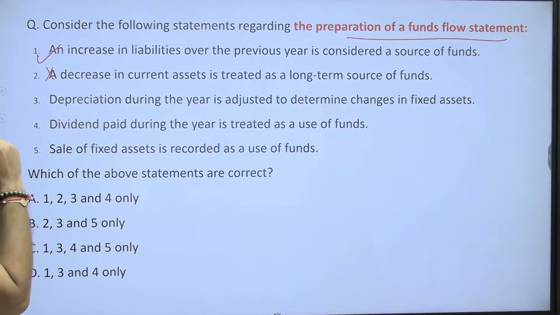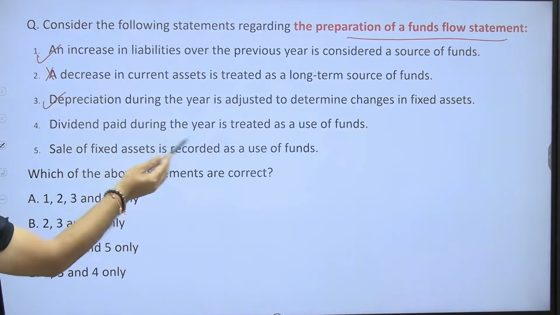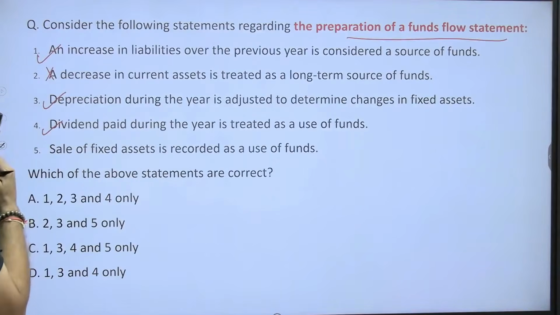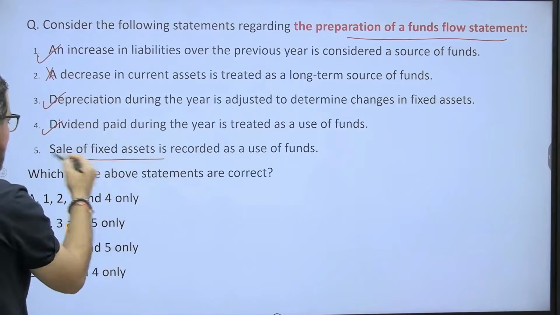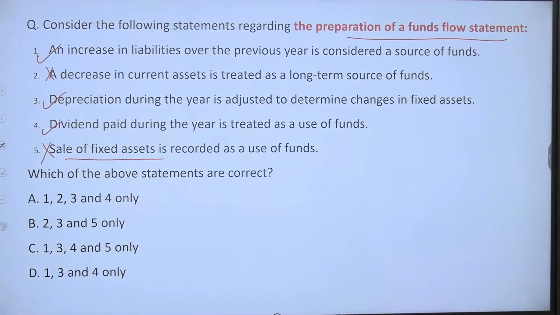Depreciation during the year is adjusted to determine the change in fixed assets. Dividend paid during the year is treated as use of funds, true. Sale of fixed asset is a source of funds. So the correct statements are 1, 3 and 4. So D should be the right answer for this one.